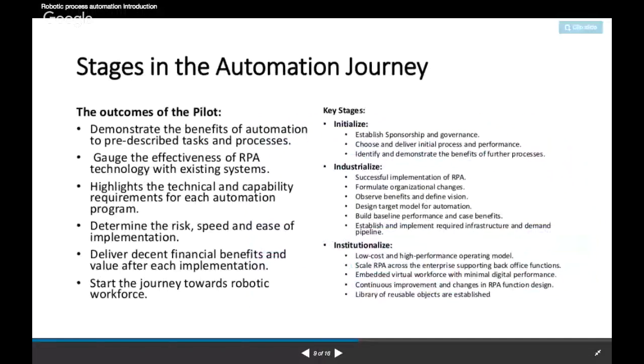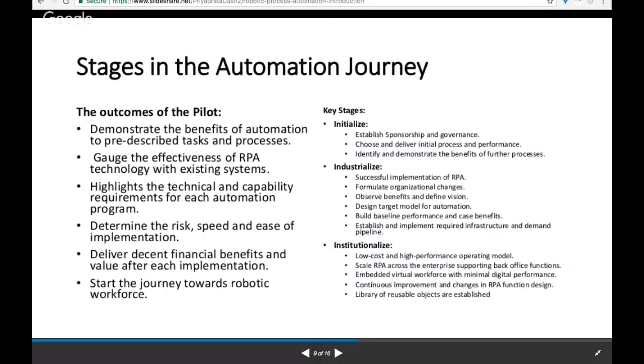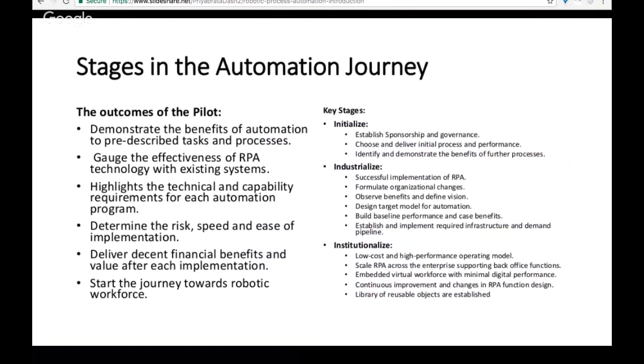So what are the stages of the automation journey? First of all, once the pilot is done, the key thing you need to assess is whether it is really beneficial, because to be honest, RPAs are not for individual people.